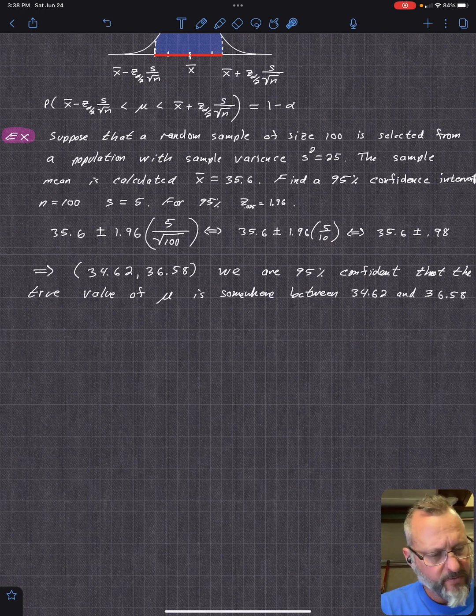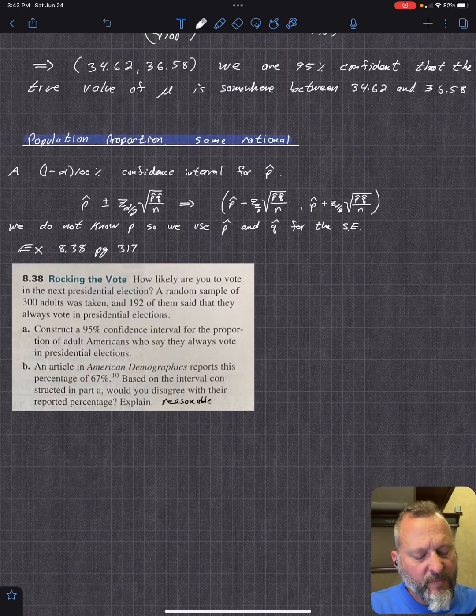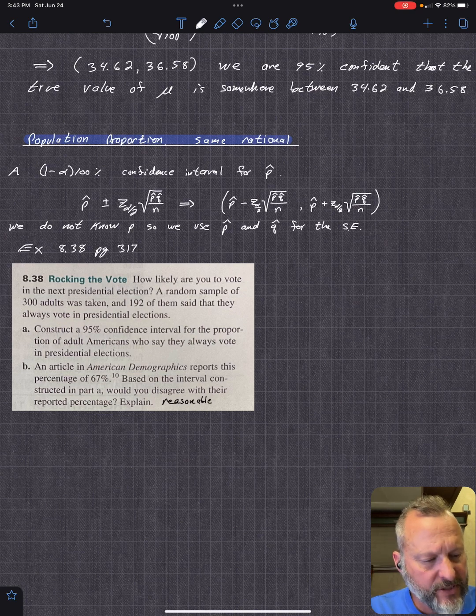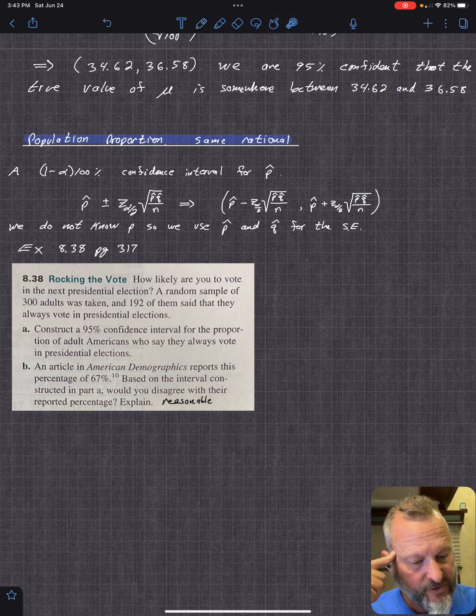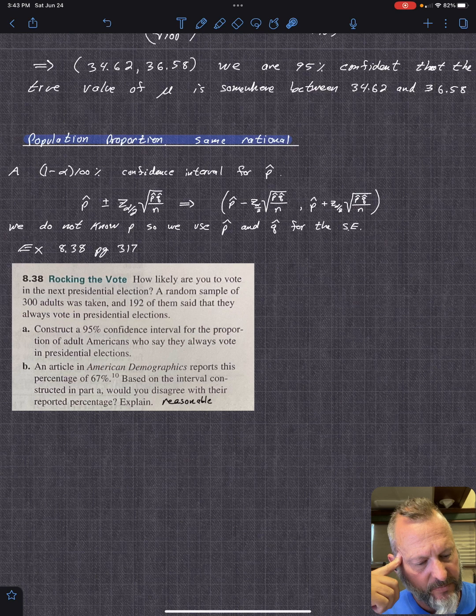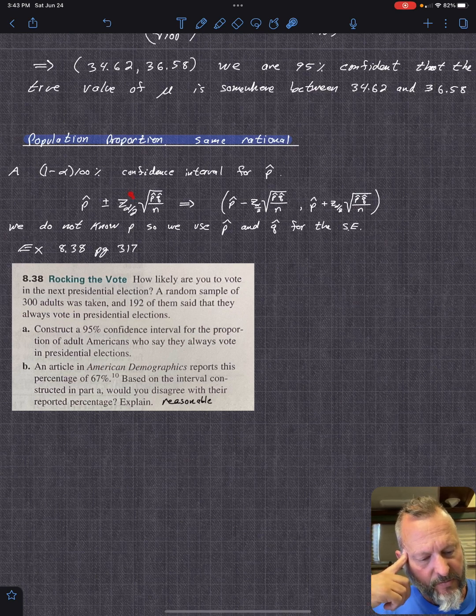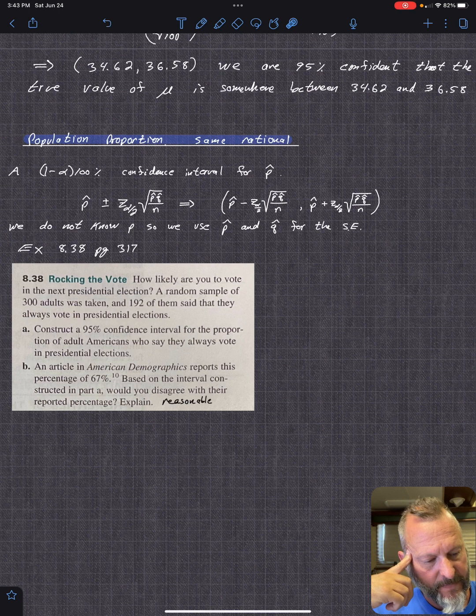Next, we'll do a population proportion example. For population proportion, the rationale is really the same, just using those formulas. So a 1 minus alpha times 100% confidence interval for the sample proportion p hat is p hat plus or minus the z-score, whichever one we're looking at, times the square root of p times q over n.